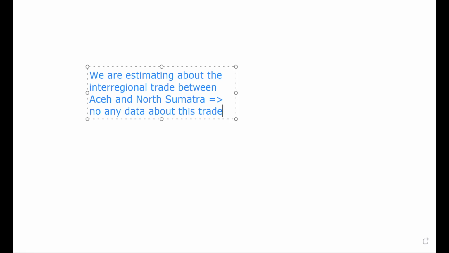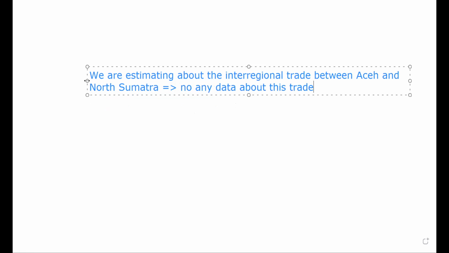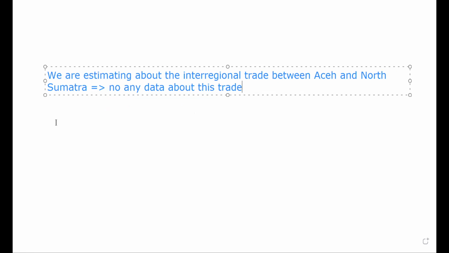No need to run this model. No data. Even though you cry from the morning until morning, from Friday until next Saturday, there is no data about interregional trade in Indonesia. This is the example for data admissible.